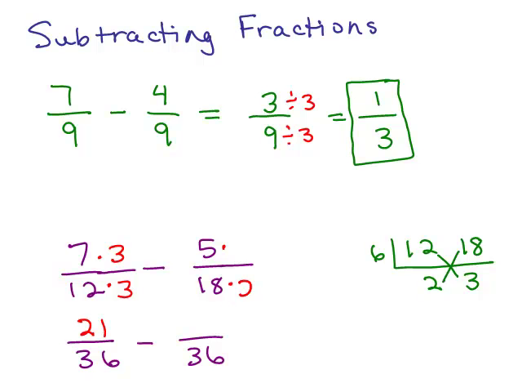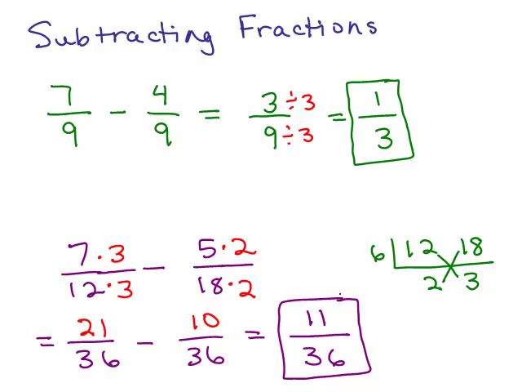And 18 times 2 is 36, gives me a 10 in the numerator here. And now I have a common denominator of 36, so I could do 21 minus 10 and get 11/36. So you can see it's very similar to adding fractions, except you're subtracting the numerators.